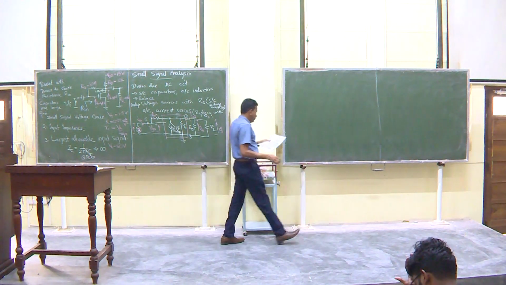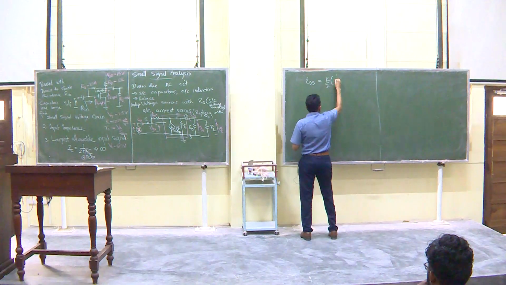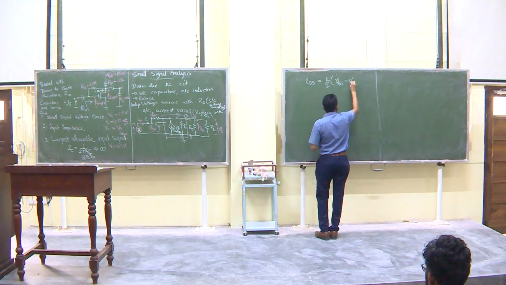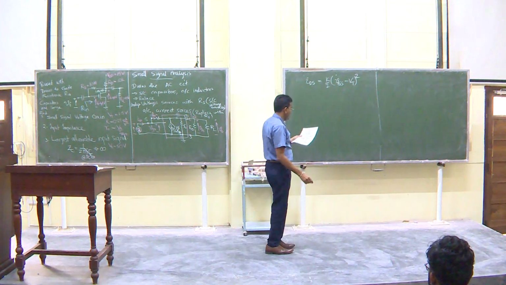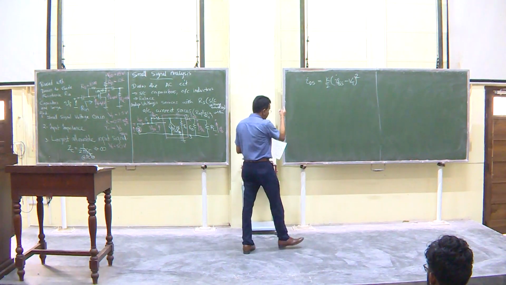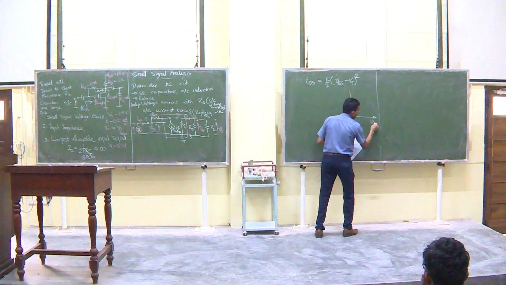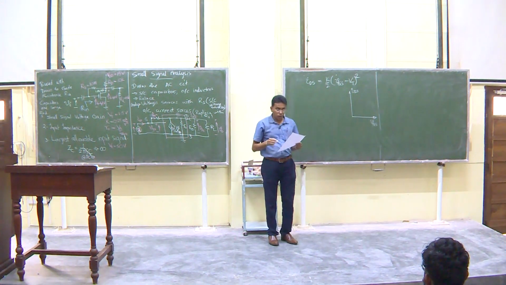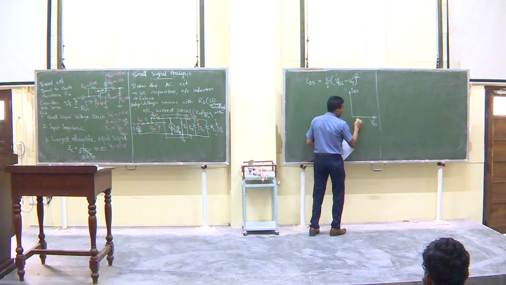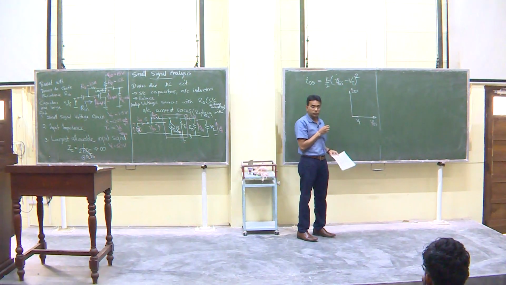We know the relationship between this, this is AC plus DC. That we know, and that basically gives you a relationship between VGS and IDS. What does it look like? Up to VT there is nothing, 0.